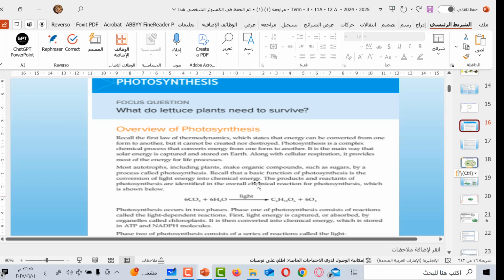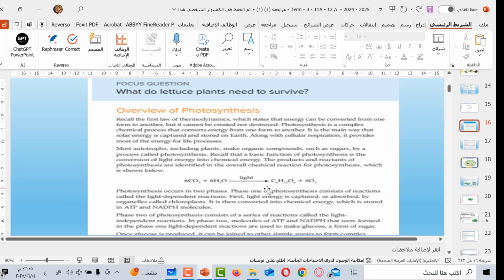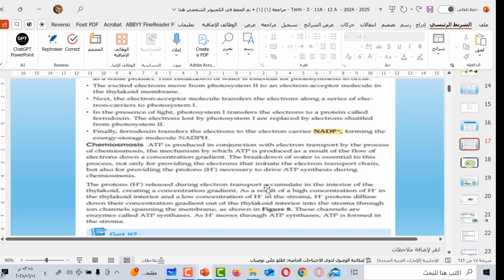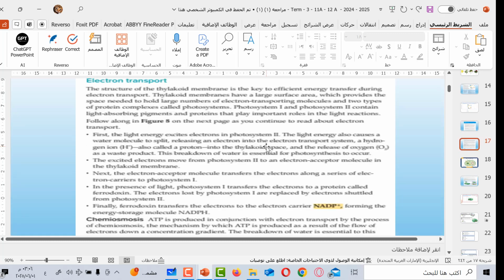This page is an overview of photosynthesis. We studied the formula, and now we will quickly study the overview of photosynthesis.